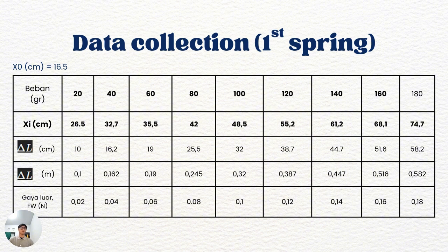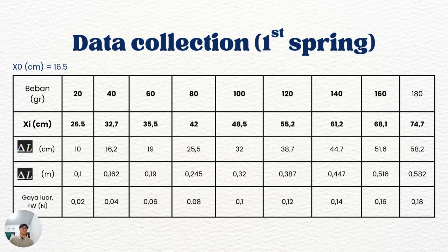You can see it by the delta L. The first one with 20 grams is 10 centimeters or 0.1 meters. On the 180 grams, on the other hand, the delta L is 58.2 centimeters or 0.582 meters.